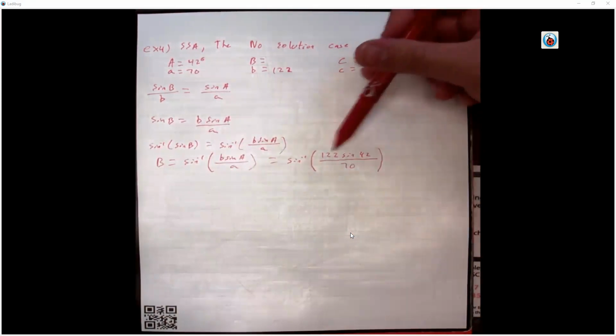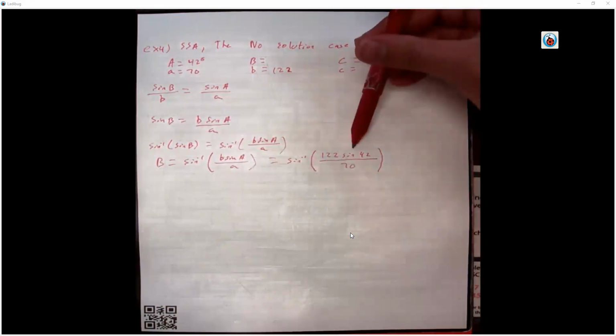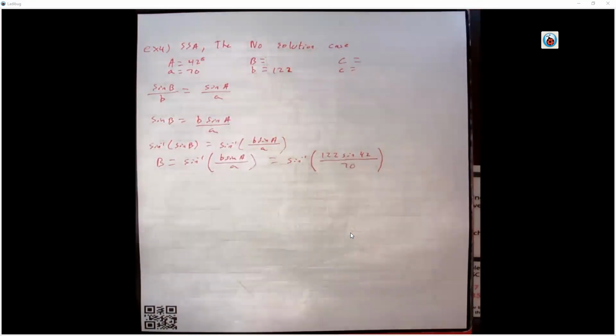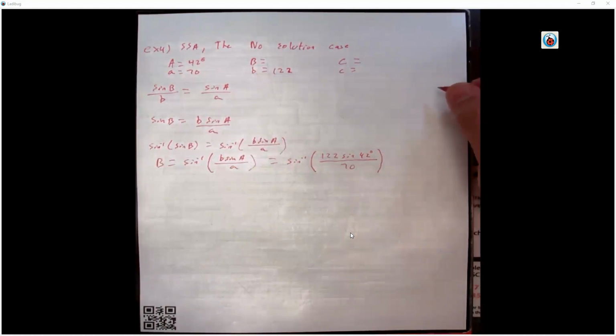So this should tell you that the number inside is bigger than 1. If you don't see it, that's okay, you're going to see it on the error. But this should be a red flag telling you there's no solution for capital B. Wait, how do we know that?